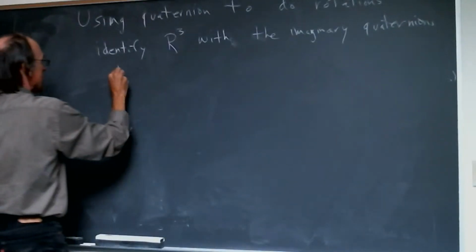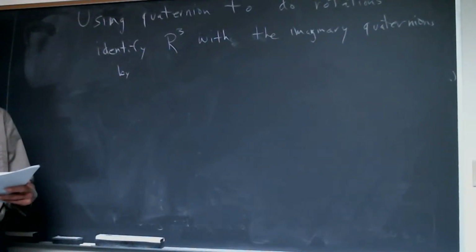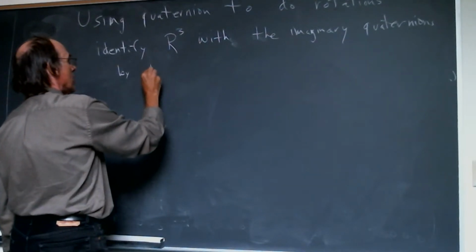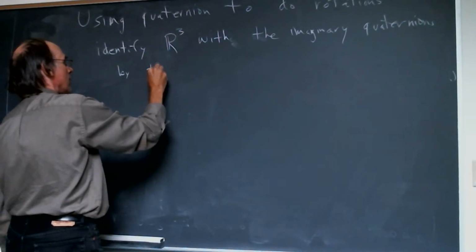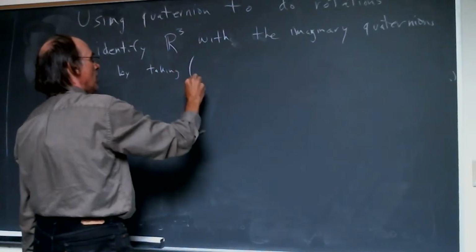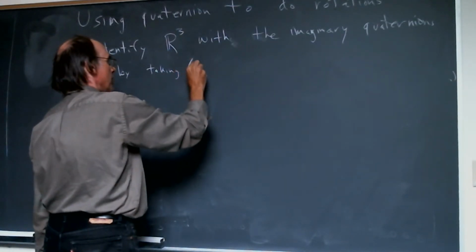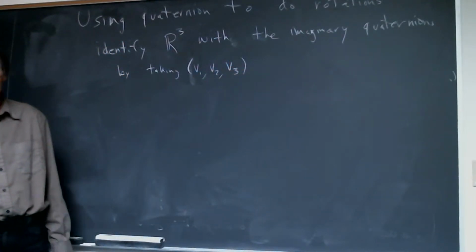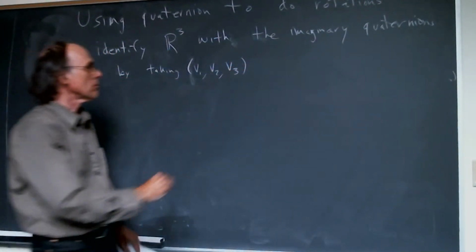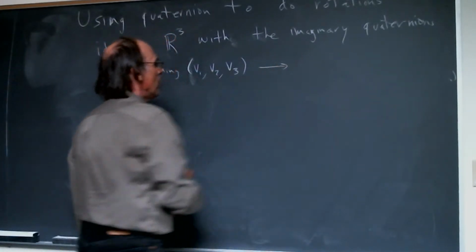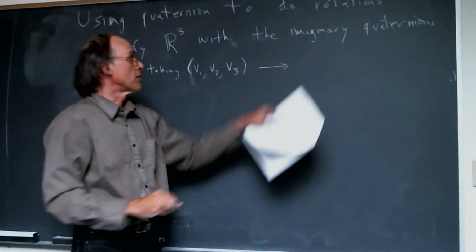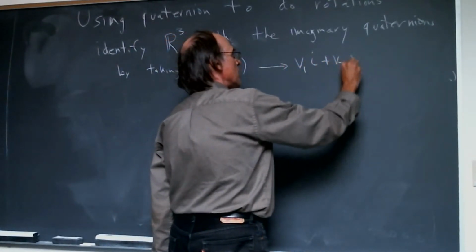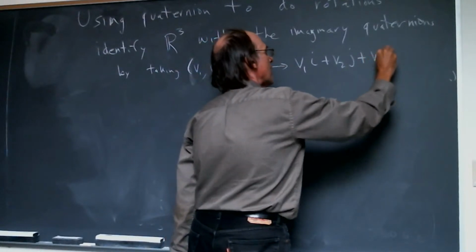If you take some vector v with components v1, v2, v3 in R3, you take this to an imaginary quaternion, which is v1 i plus v2 j plus v3 k.